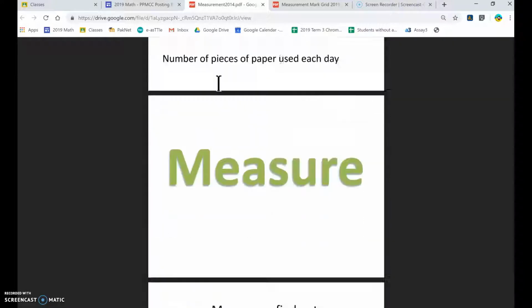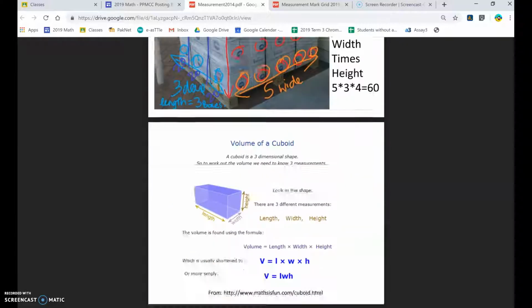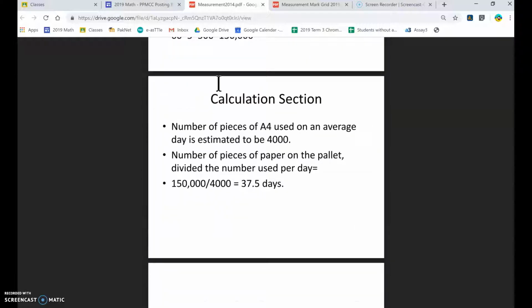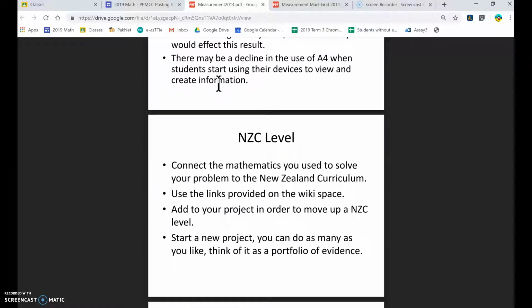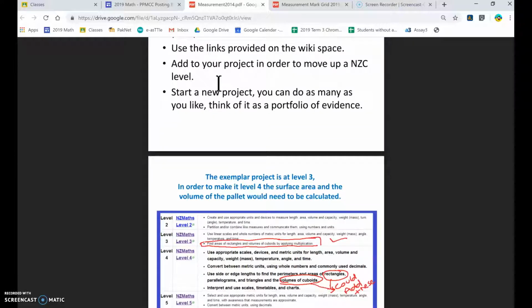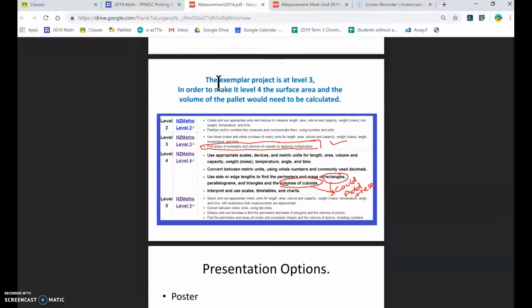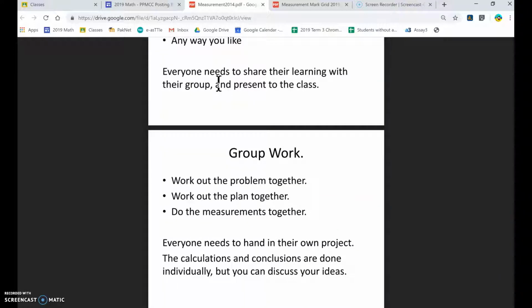But you can see that there was a plan, there was measuring, there were photos, formulas, calculations, and then a conclusion, and what level that would be at. The exemplar was at level 3 because it was only a cuboid, and possibly level 4. So you've got options, all right?